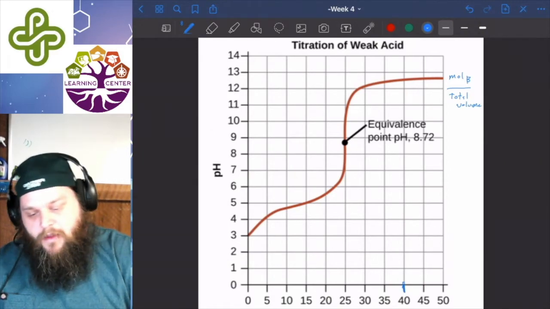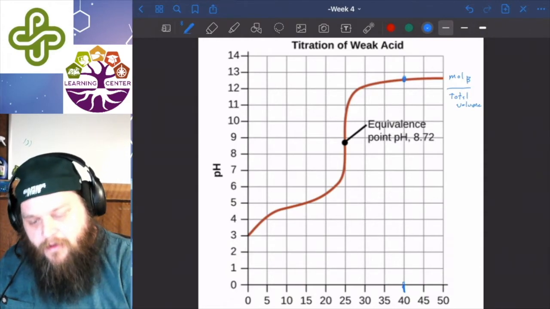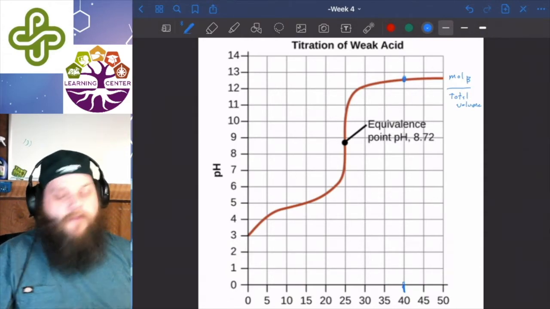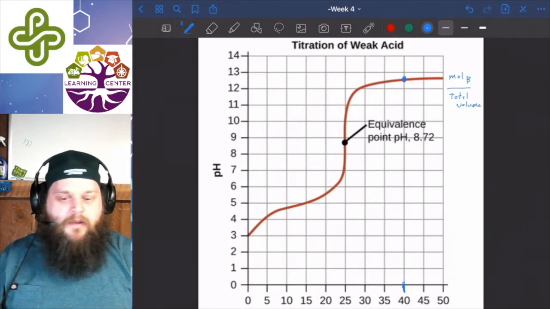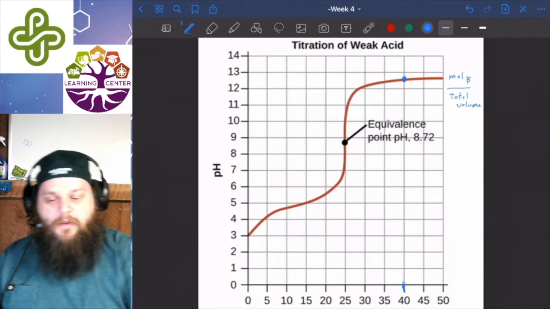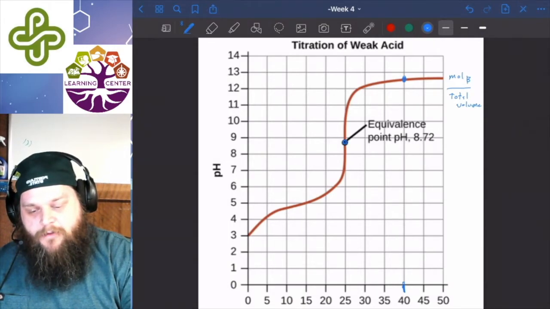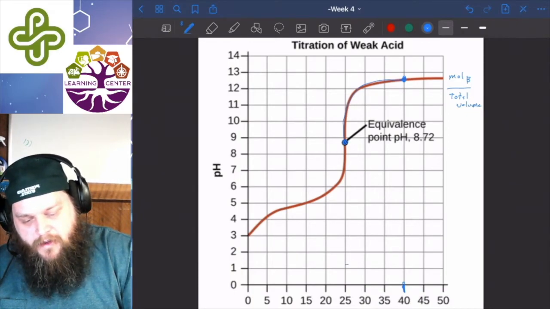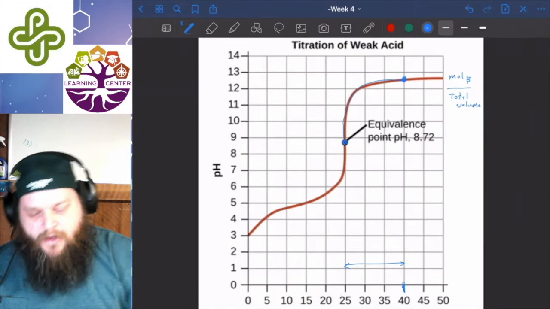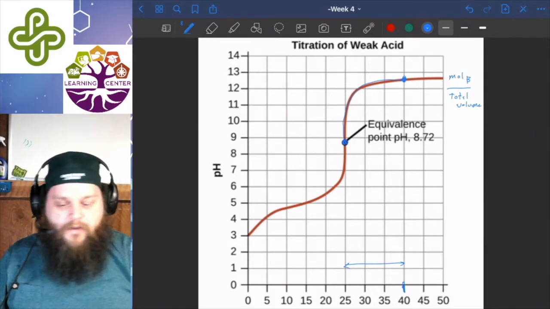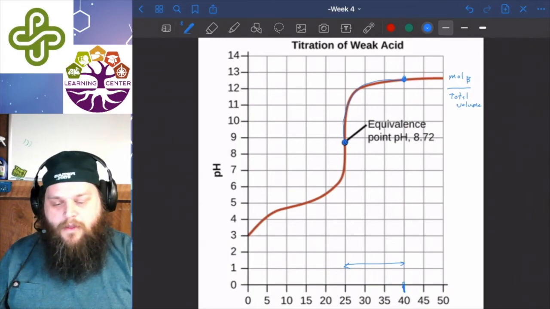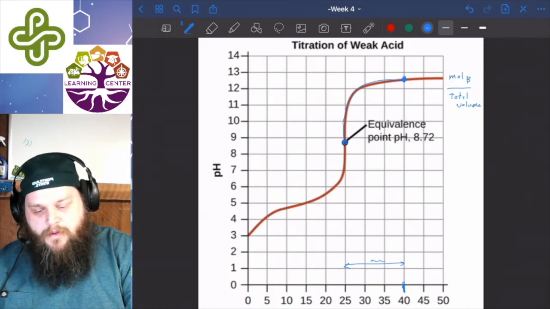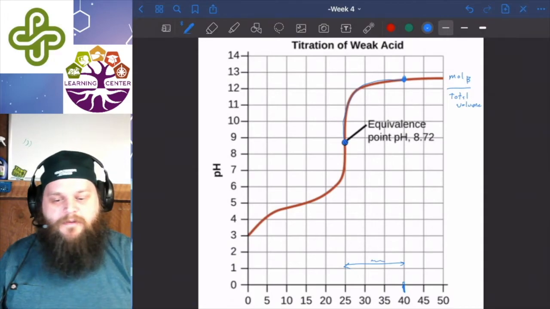So at 40 milliliters here, say we started out with 25 milliliters of our acid, we'd be at 65 milliliters total. And then we just have to determine the excess moles of base that we've added from this point to this point. So that's going to be this many milliliters, and assuming we had 0.5 molar, we could easily just multiply that 0.5 molar by the difference in volume here to find out that moles.